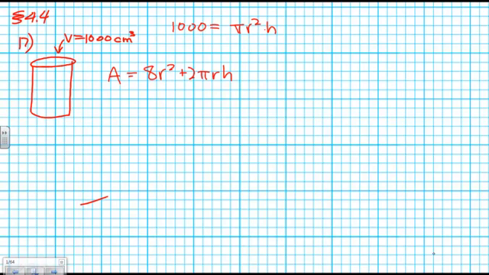So there's your relationship equation. Solve for your variables and rewrite the area equation in terms of a single variable, please. Remember, A is the thing that we're going to try to optimize.